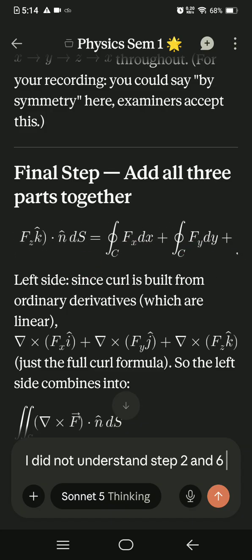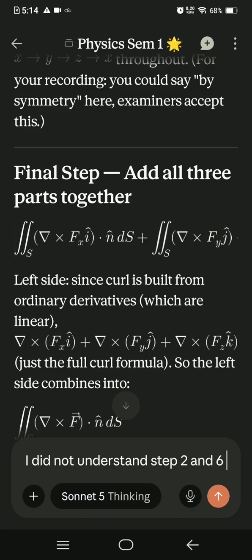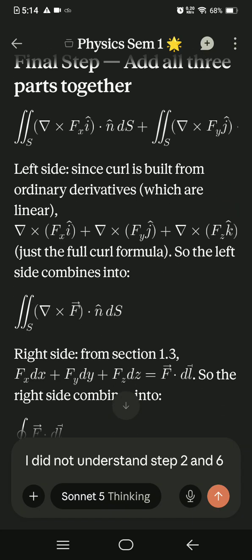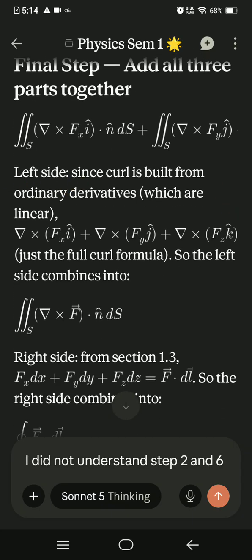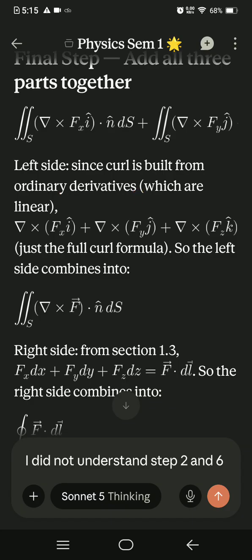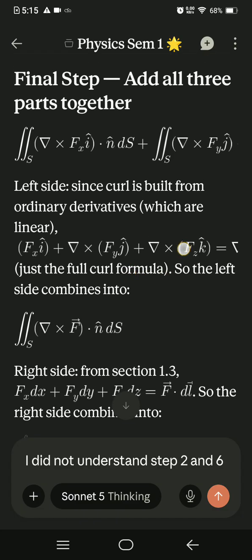On the left side, since curl is built from ordinary derivatives, which are linear, the left side combines into this. What do you mean ordinary derivative? I don't know.